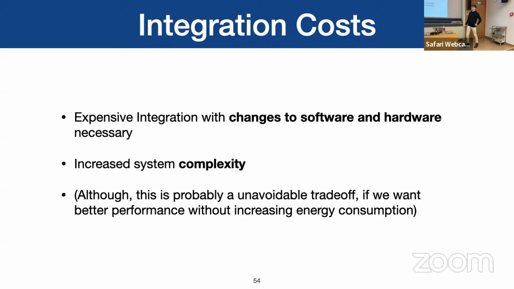So it would probably be very expensive to integrate in chips and OSs, and it requires coordination between OS manufacturers and chip manufacturers too. Although the increased system complexity is a relative weakness, I would say, because if we want higher performance and we don't want to pay for it with higher power consumption or more area, then we probably have to increase complexity.